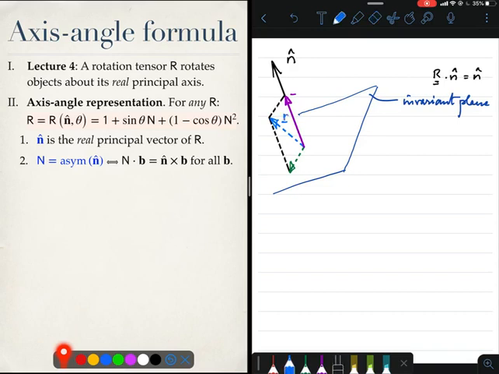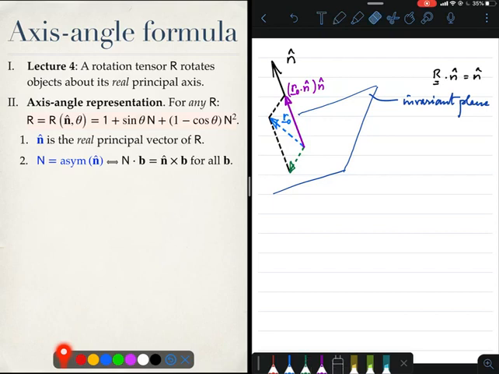Actually I am going to call it R0, so that the projection along n is R0 dot n, and the projection onto the invariant plane will therefore be some vector R0 perp.